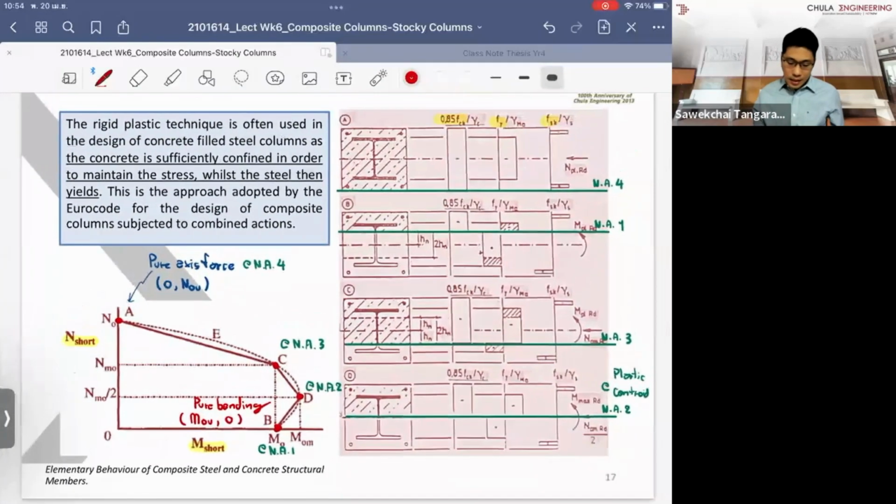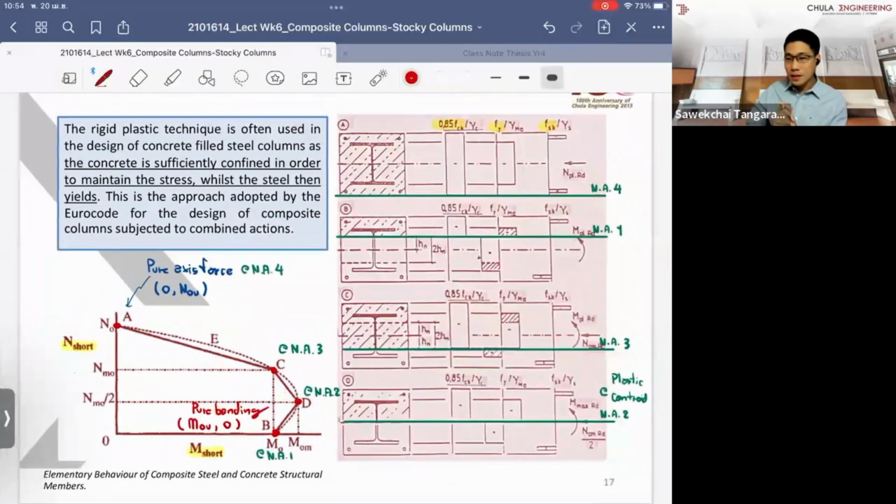So you might see that in what we discussed in this diagram, we only look at the points that can represent these boundaries, right? And it has meaning.